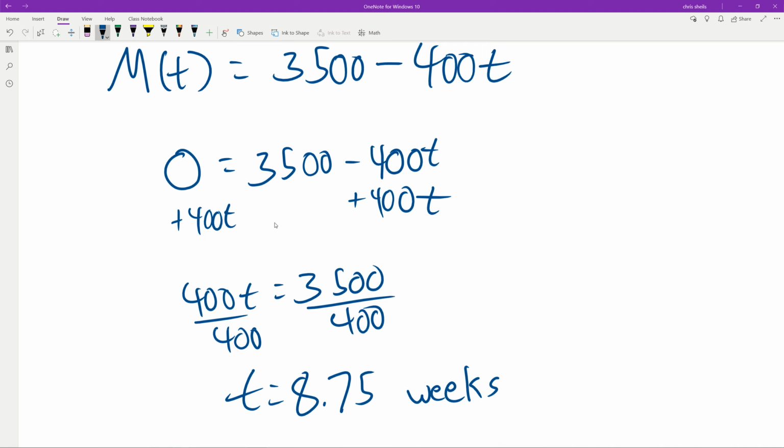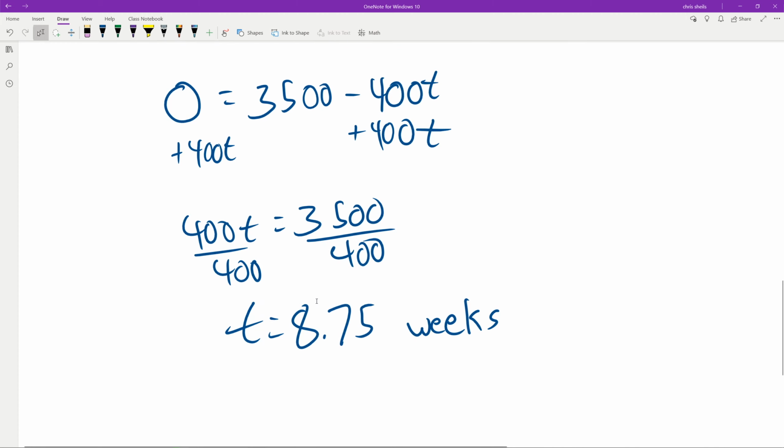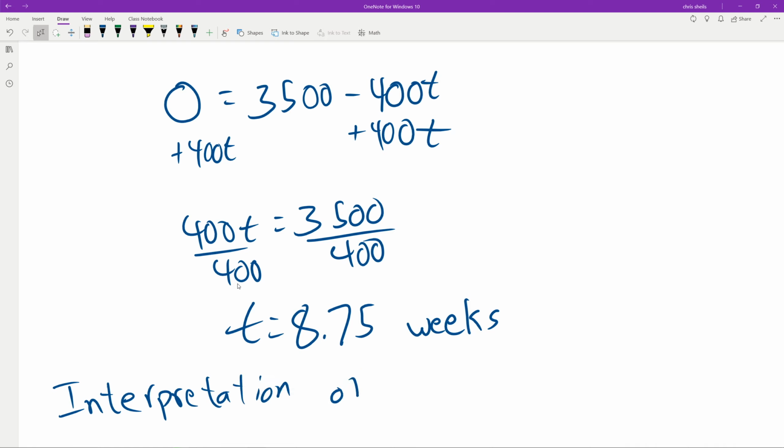So because my horizontal intercept is where my output value is equal to 0, this horizontal intercept is where the amount of money that Emily has is equal to 0. So this means that, so the interpretation of the horizontal intercept, let me write this.